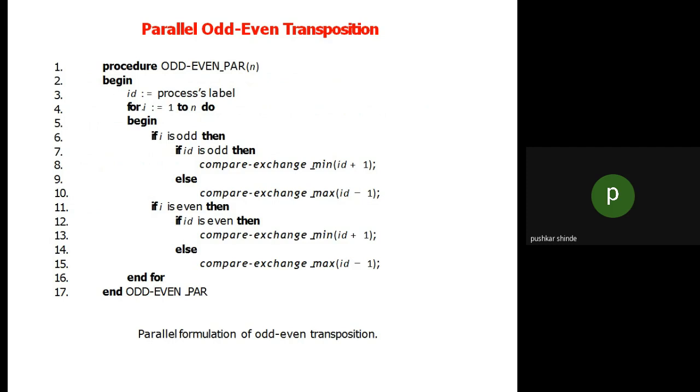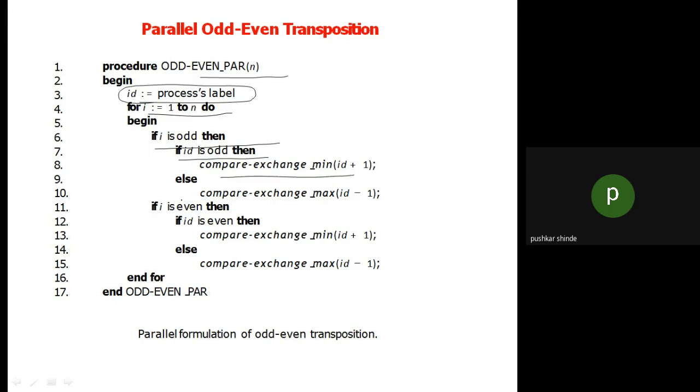So odd even parallel for n numbers, id equal to the processor's label. The processors are labelled from 1 to n: processor 1, 2, 3, 4 and so on. That is the id. For i equal to 1 to n, if i is odd and id is odd, compare exchange minimum with id plus 1.